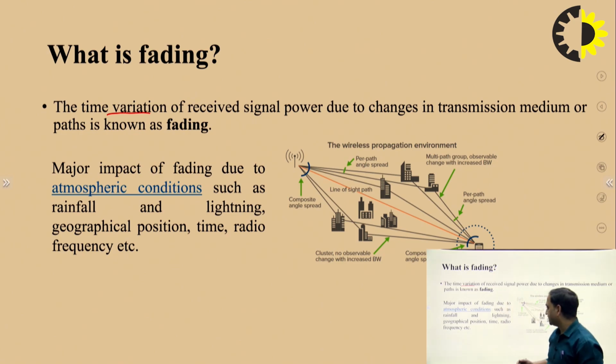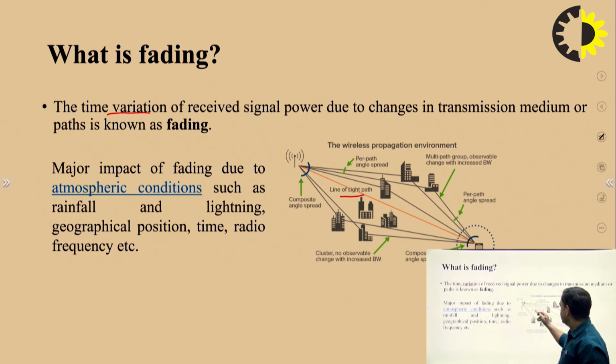In this diagram we can see that we have multiple copies of the signal and it travels through multiple paths. So what is the multiple path? One path is the line of sight path from the transmitter to the receiver, and other paths are due to the scattering of the signal.